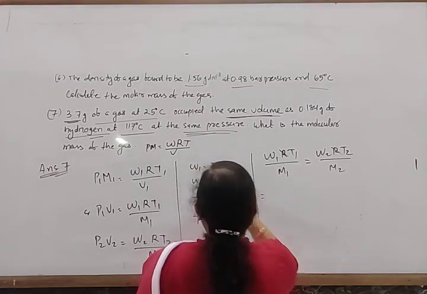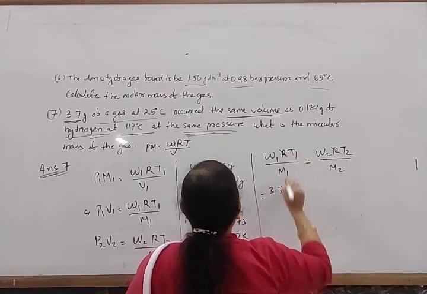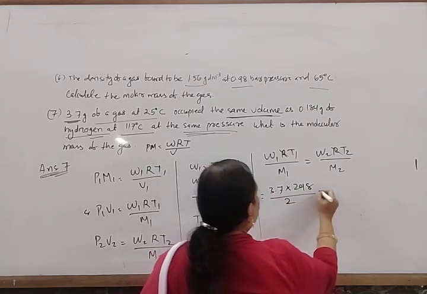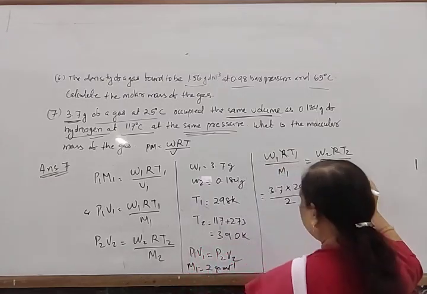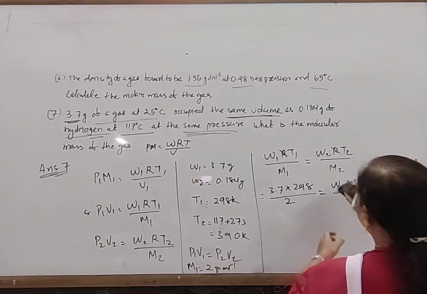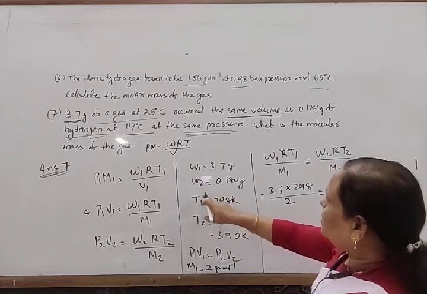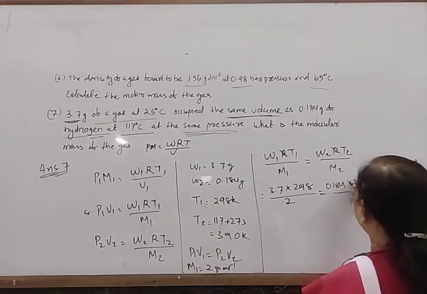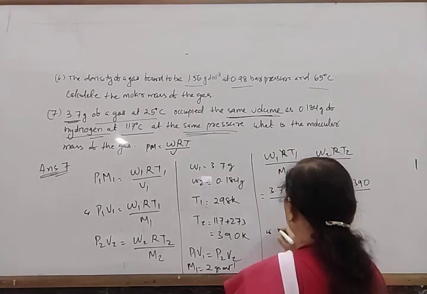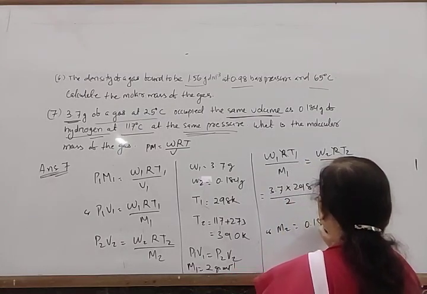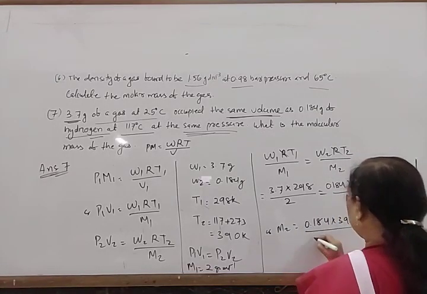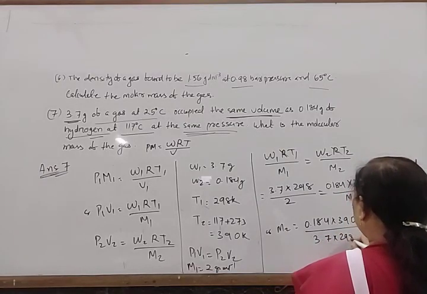So 3.7 into 298 divided by M1 equals 0.184 into 390 divided by 2, or M1 equals 3.7 into 298 into 2 divided by 0.184 into 390.